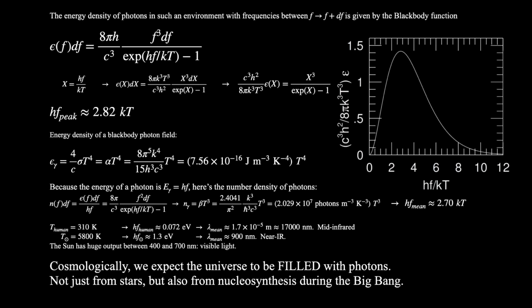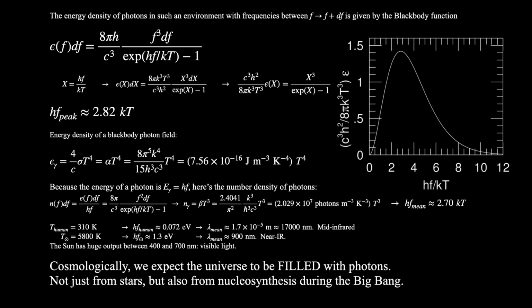Well, if you have a temperature of 310 Kelvin, which is roughly you, if you're not sick or anything, then the average energy coming off of you is about 7/100ths of an electron volt. And that leads to a wavelength of about 1.7 times 10 to the minus 5 meters, which is about 17,000 nanometers. So you radiate in the mid-infrared.